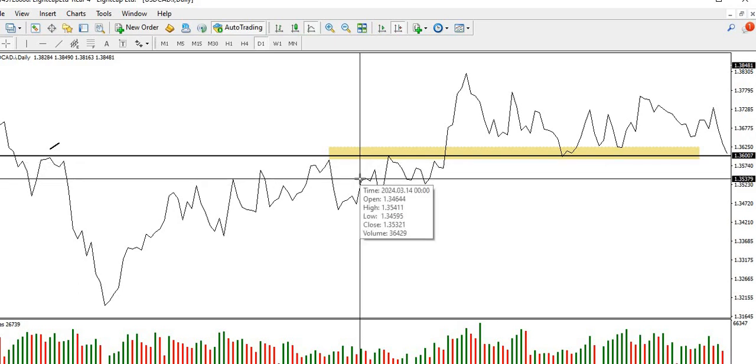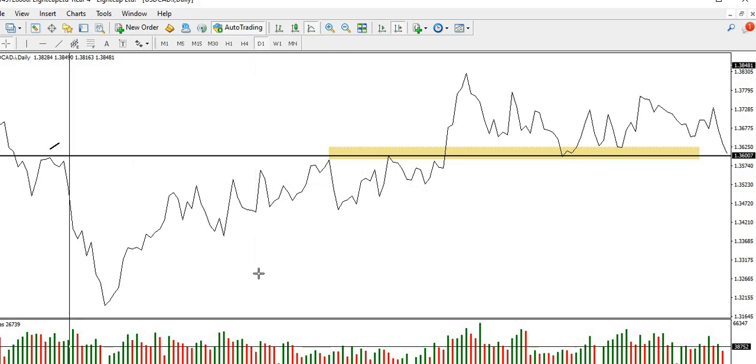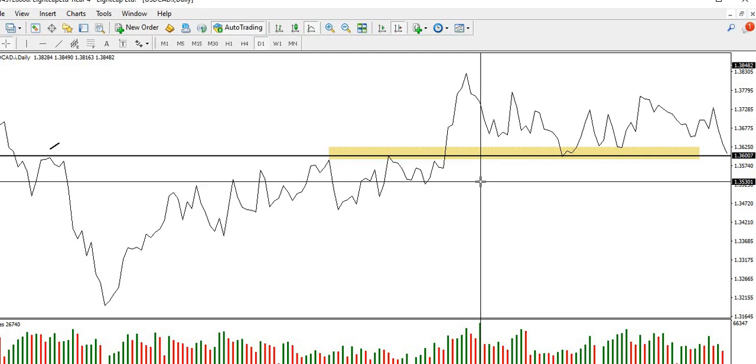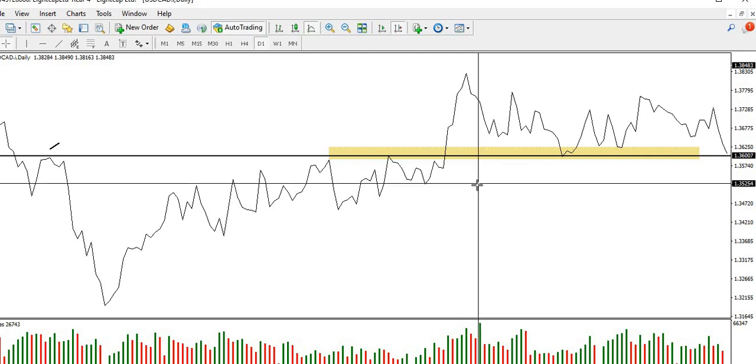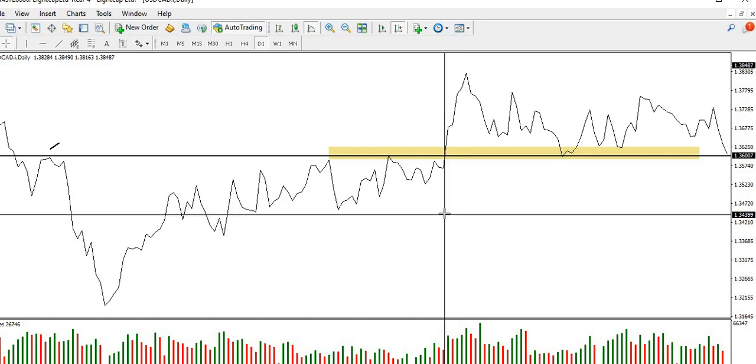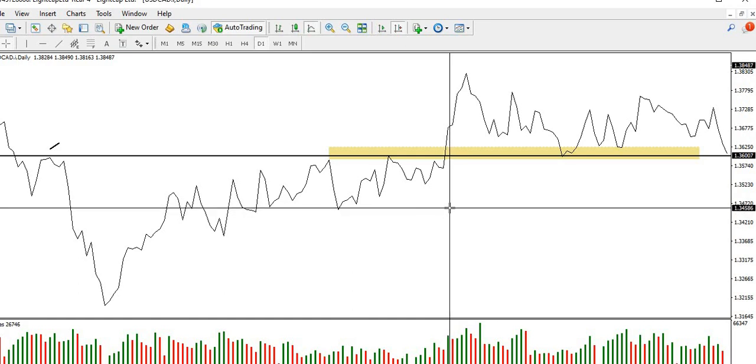No, we will make sure to have a little distance between the first and the second zone. Is it a zone? No. No. Is it a zone? Yes, it could be.